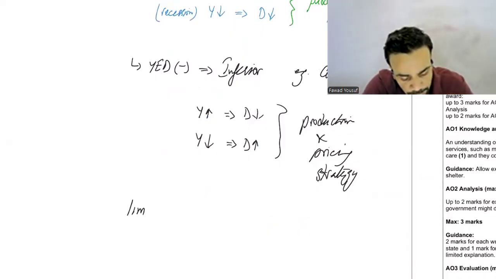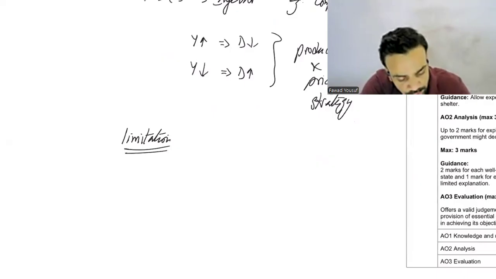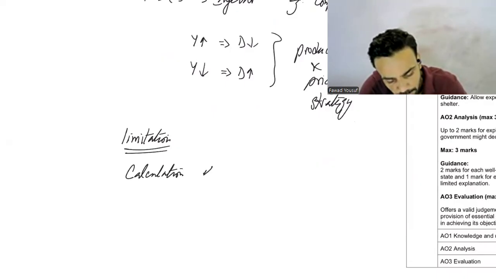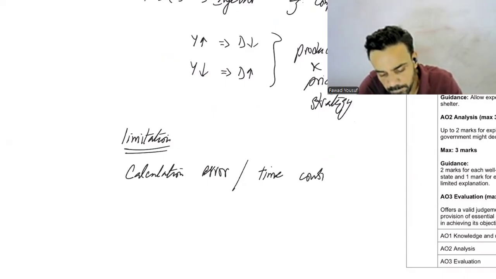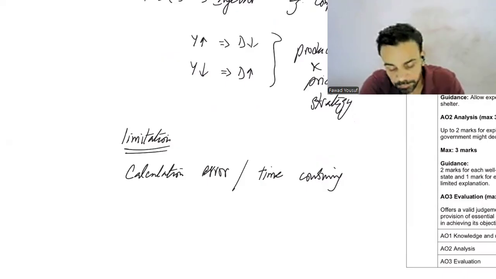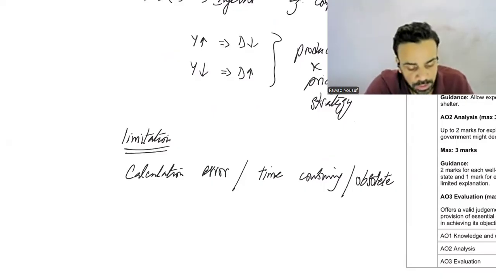Limitations क्या है? एक तो again you can have calculation errors. Time consuming, obsolete होने का खतरा of the numbers that you've taken out. एक ये बात हो सकती है.